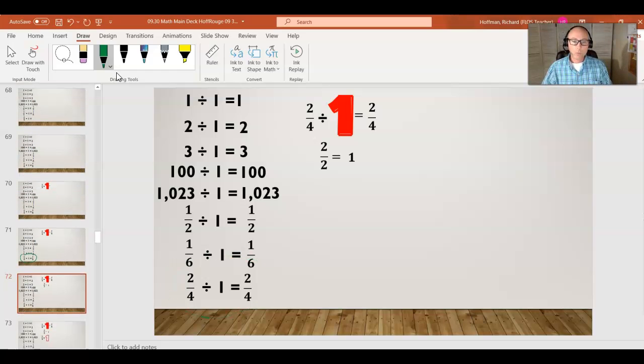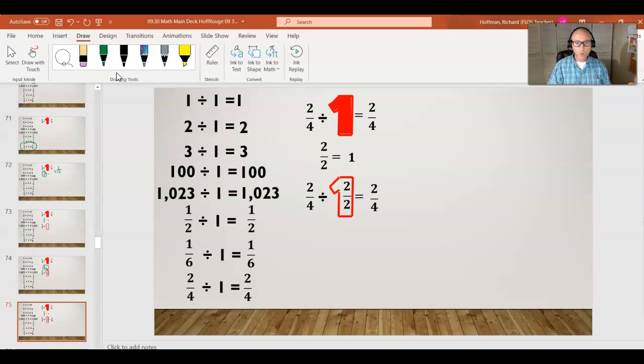Now, 2 divided by 2 is 1, because 2 times 1 is 2, right? What if we put inside this 1 something like 2 over 2? That's the same thing as 1, because they're equal.